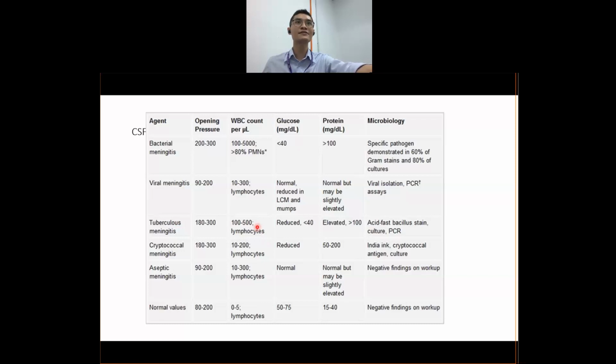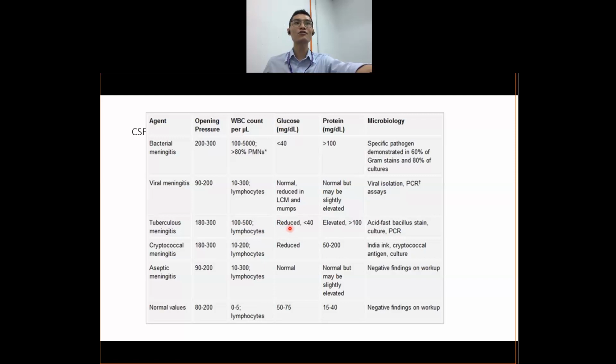TB, for example, gives you predominantly lymphocytic CSF as well. So we also look at the glucose and also protein. In viral meningitis or bacterial meningitis and also TB meningitis, the protein is usually elevated. With regards to the glucose, for example, TB meningitis has very reduced CSF glucose.